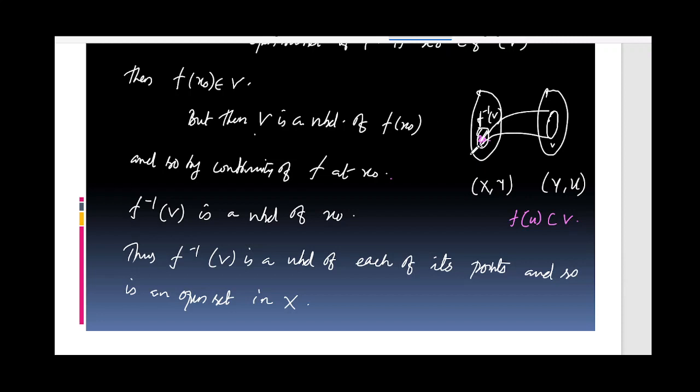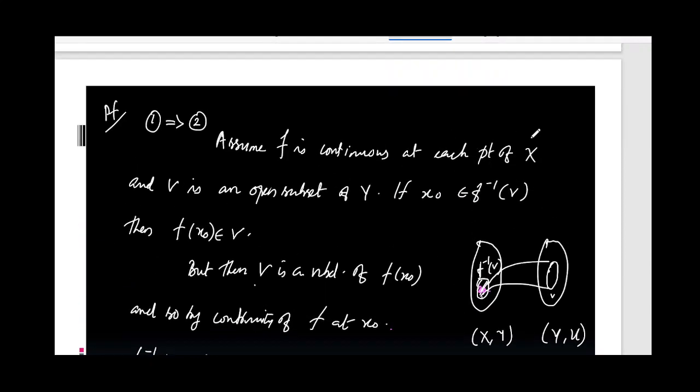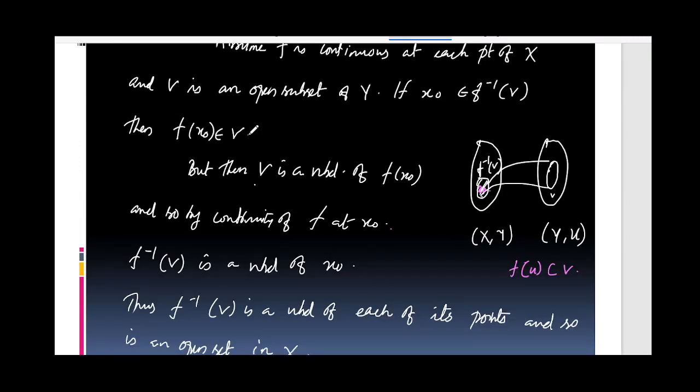So first we assume that f is continuous at each point of X. Now you take an open set V in Y. Now the first thing is that if x naught belongs to f inverse of V, then f of x naught belongs to V. If this is the condition, V is an open set we have taken and f of x naught belongs to V, then this V is a neighborhood of f of x naught, and at the point x naught, f is continuous.